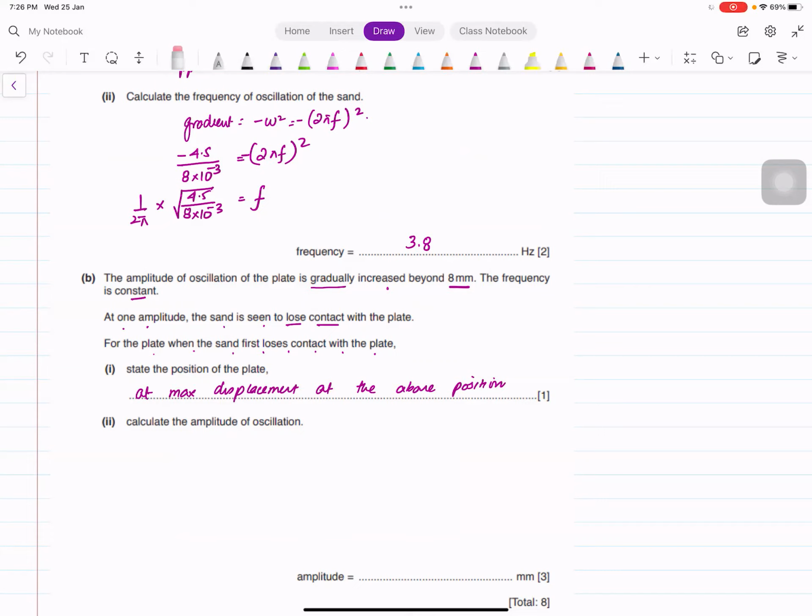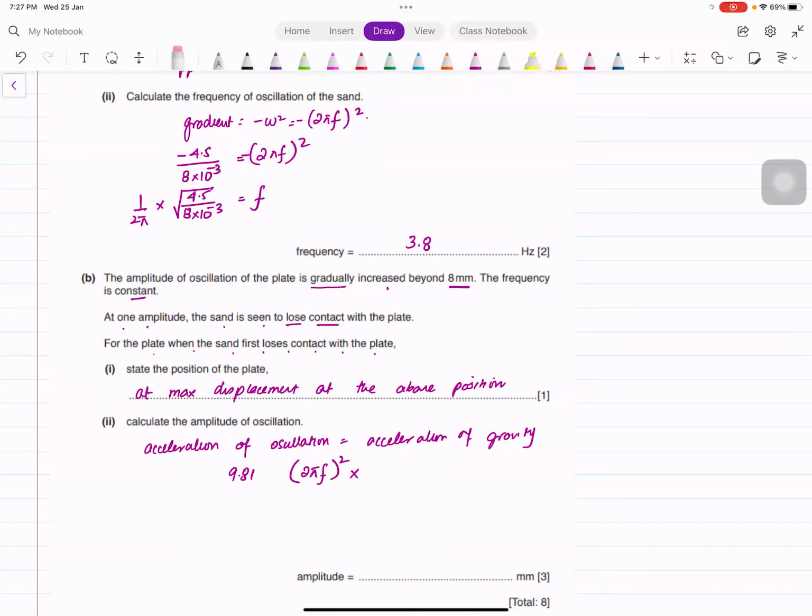All right. Now it says when it loses contact, we should remember that the acceleration of oscillation should be equal to the acceleration of gravity, which means that now this should be 9.81, and we know it is going to be (2 pi f) whole squared, multiplied by the displacement.